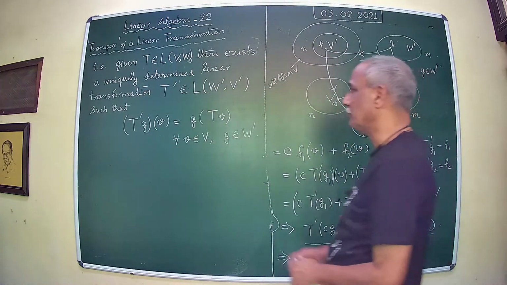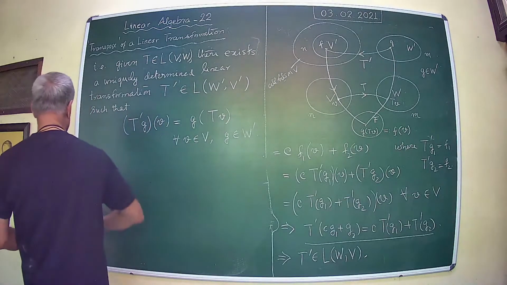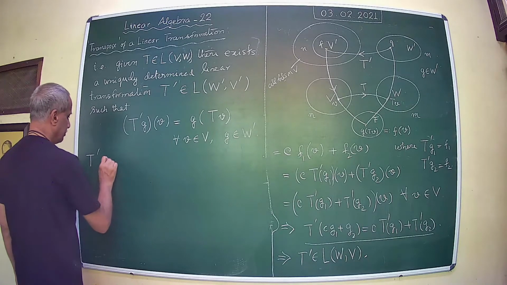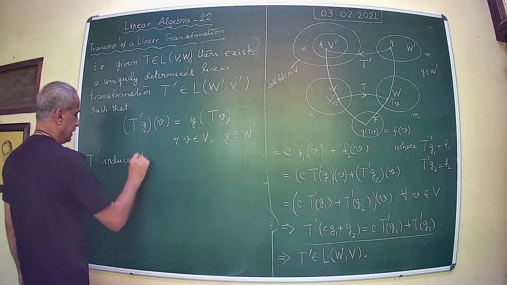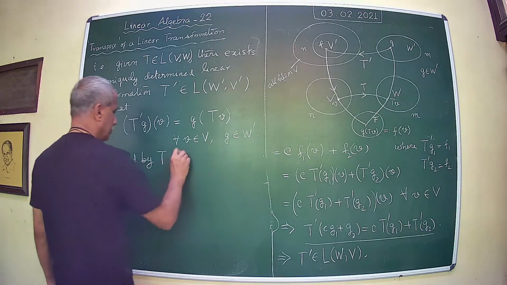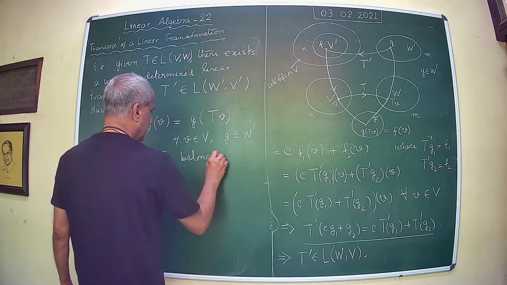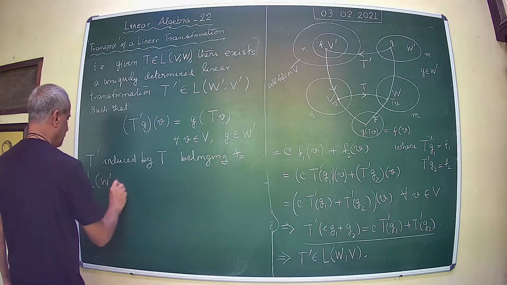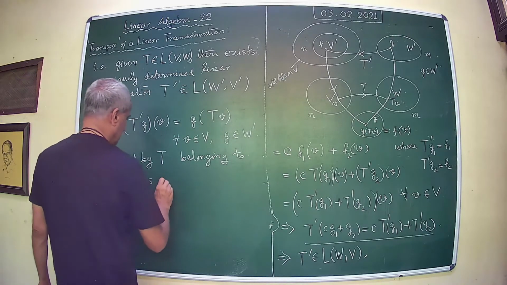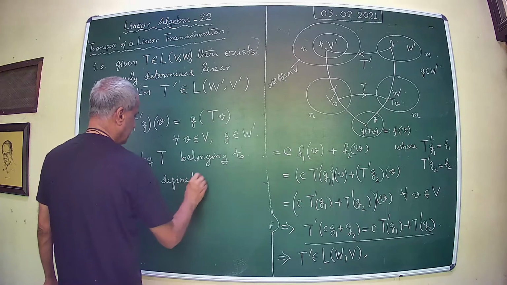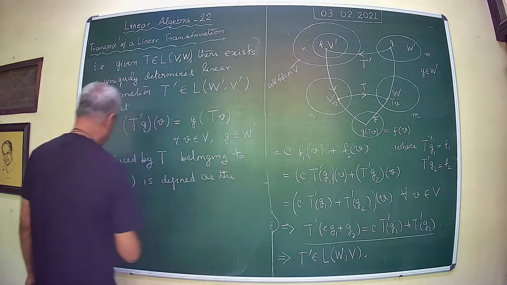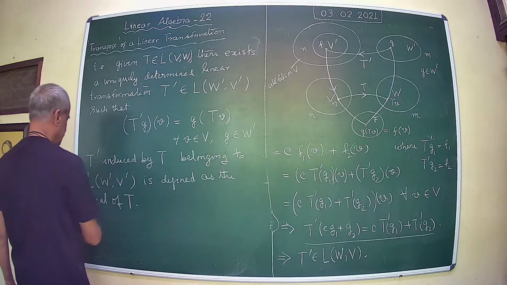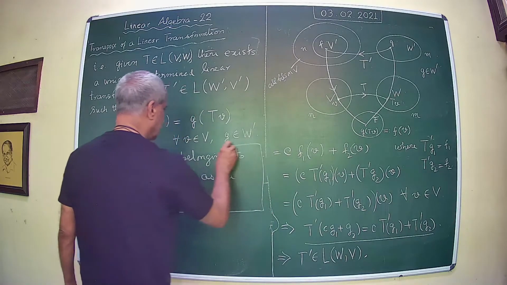Okay, so this defines the linear transformation T prime. Now T prime belonging to, induced by T, this is the concept of the transpose.